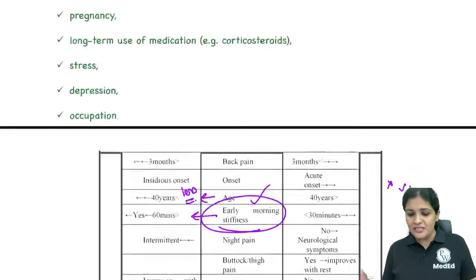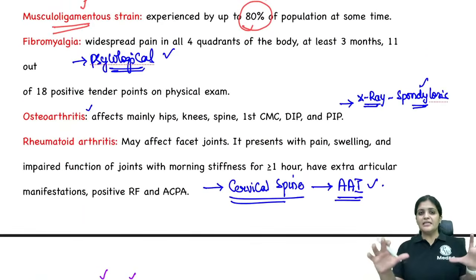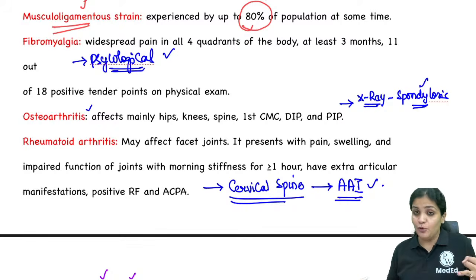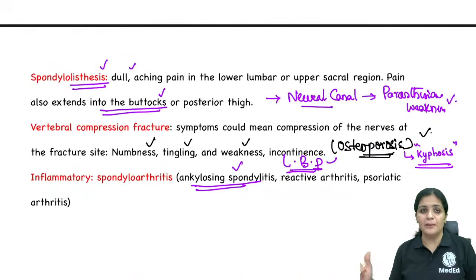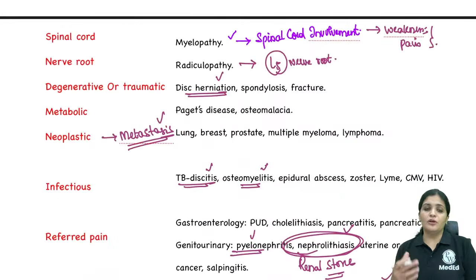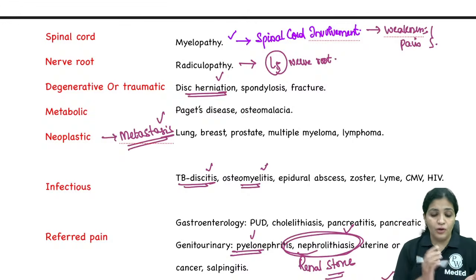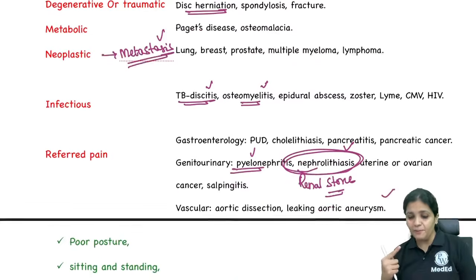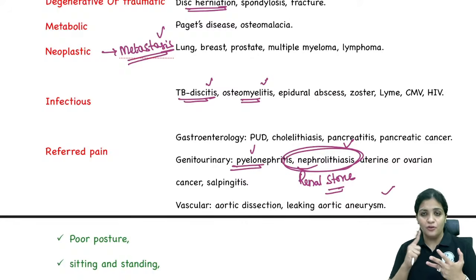Okay, so this is the important slide which you have to remember. So various conditions of low back pain. So this is the slide which is very, very important. So there could be a muscle pain, fibromyalgia, I've told you, multiple points pain, osteoarthritis, ankylosing spondylitis, listhesis, compression fractures, and then this could be certain non-specific causes for it, but very, very importantly, you have to rule out whether this is a prolapsed intervertebral disc disease or a Paget's, osteomalacia, or a TB disc, or sometimes a referred pain which could be from pancreas, especially from the kidney, urinary tract, and then your aorta.